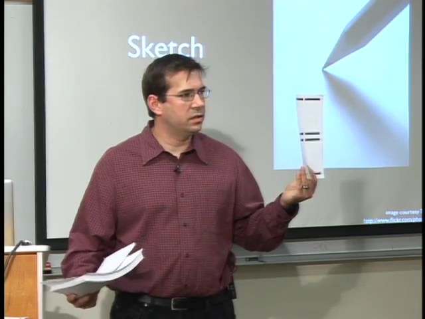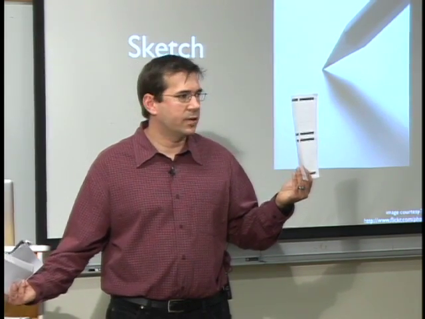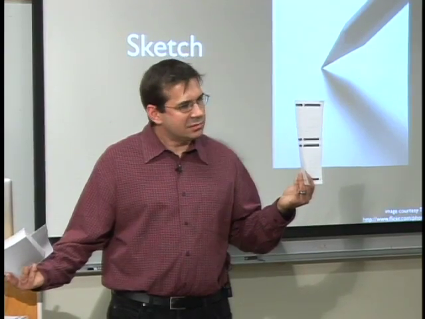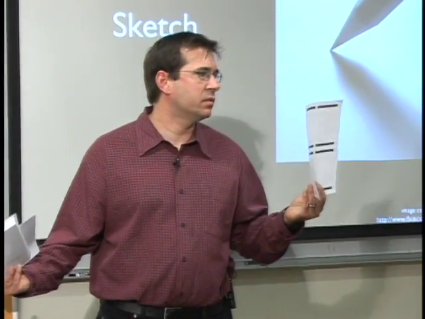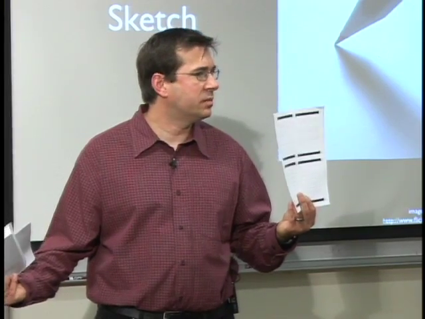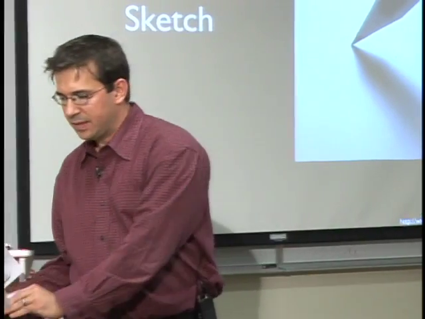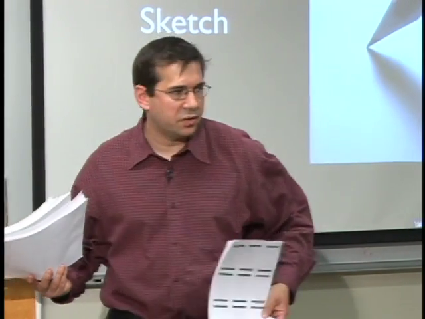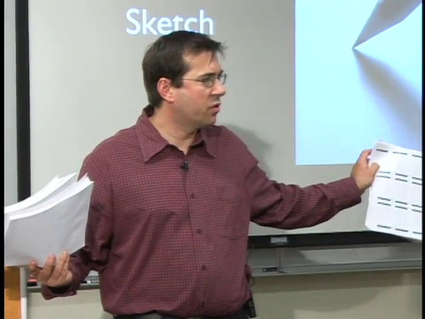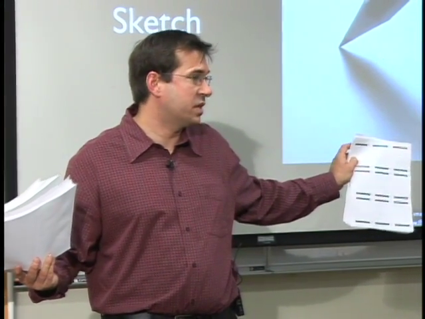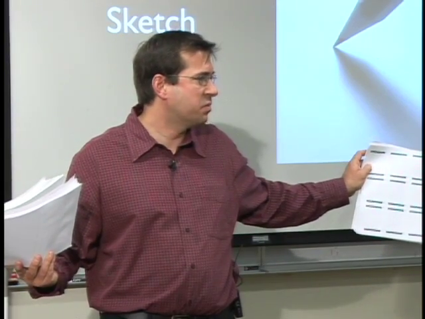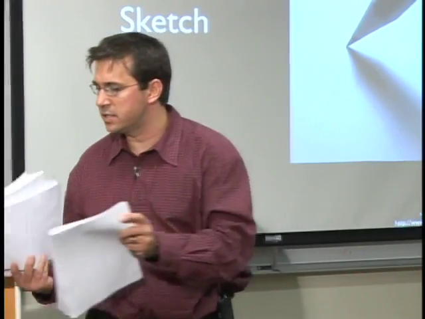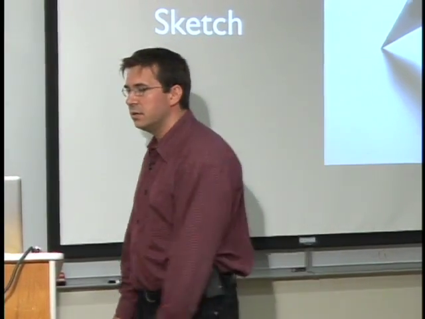And the big grids are 48 pixels high, which is more or less the minimum that you really want to start drawing things to be targetable by people's fingers. So those are larger, which makes it easier to draw. And then I have some more that are smaller. You can fit more on a page. These are actual size, so to give you a sense of how small you could really make your buttons and still be able to touch them. So feel free to come grab this afterwards if you think that'll be helpful to you.